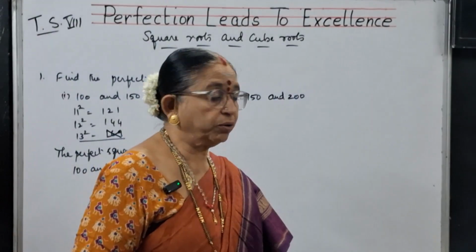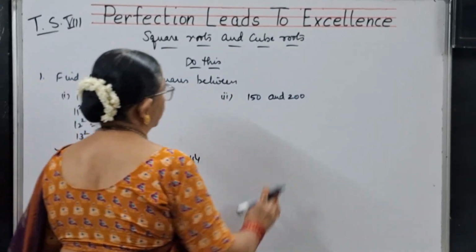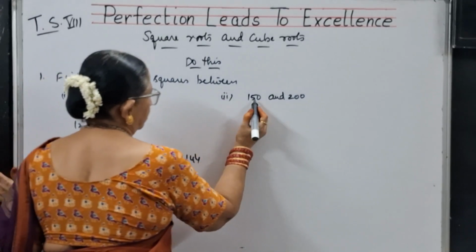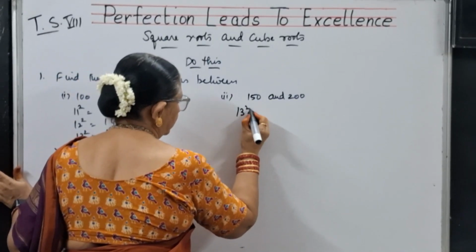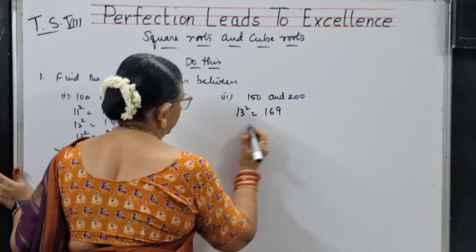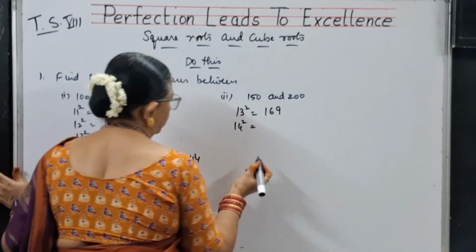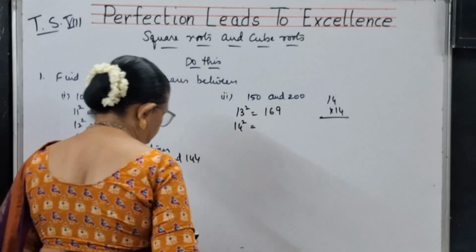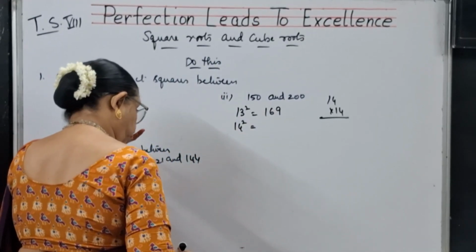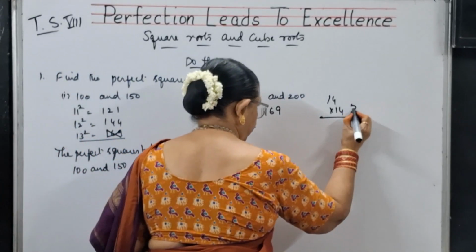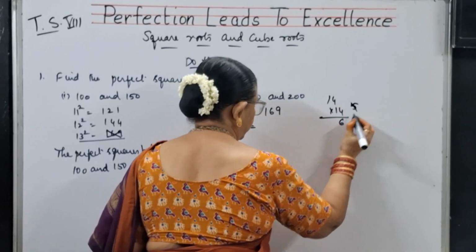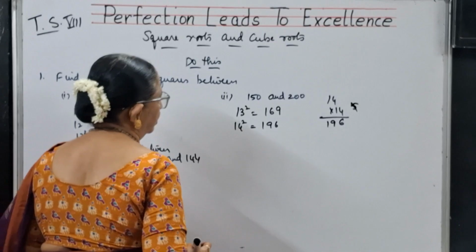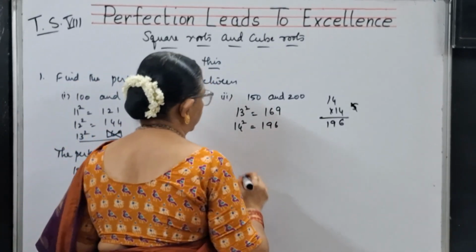Similarly, now when you go to the second bit, 150 and 200, see 12 12s are 144. It is lesser than this. So go for 13. 13 square is 169 and 14 square. So go for 14 into 14. 14 fours are 56. 14 ones are 14. 196. So even 196 will come here. 15 square is more than that.